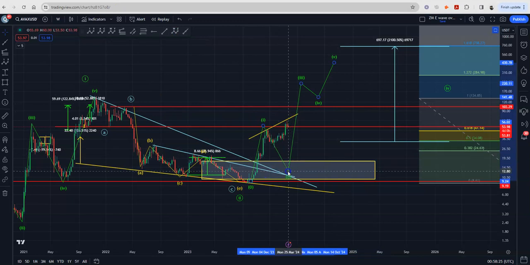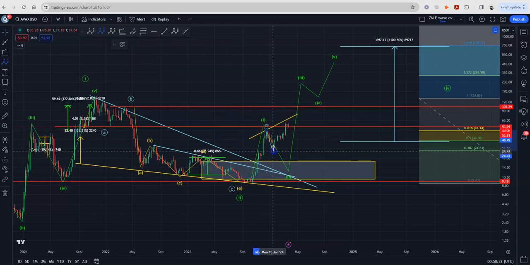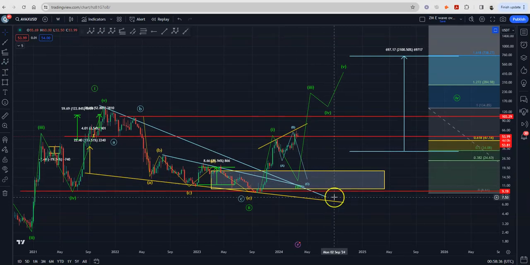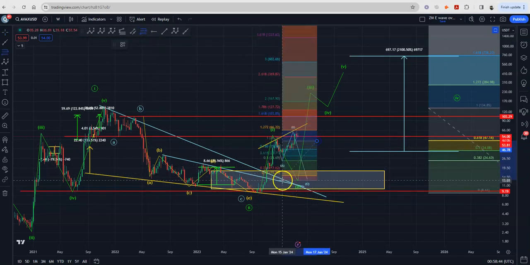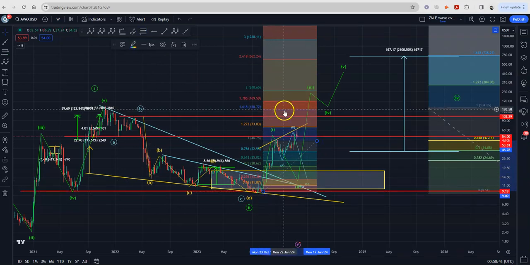That'd be a great opportunity to buy right there, and this would be a BC of some sort, and then off to a 3, 4, 5. There we go. 3, 4, 5 at 2.40 or 2.662.